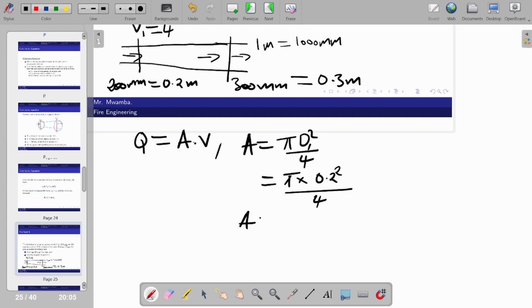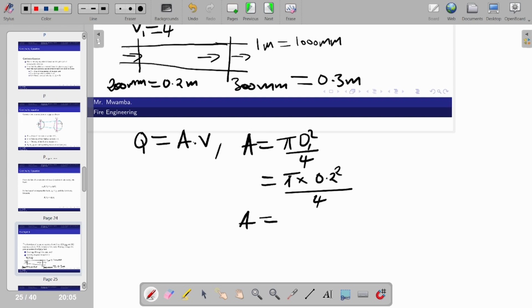If you do that, I hope you are sitting somewhere with a calculator and taking the notes. Divide by 4.